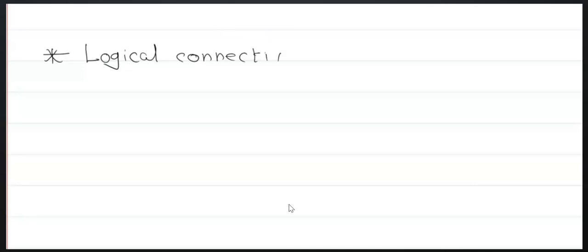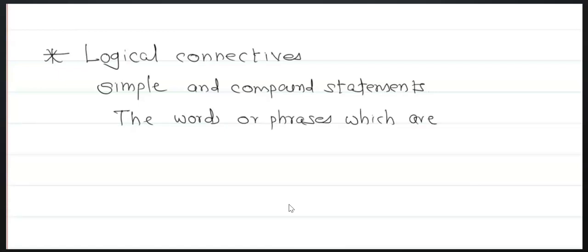Next. Logical connectives. Simple and compound statements.